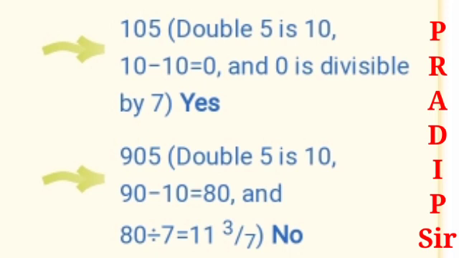Now the digit in the units place is 5, and double of 5 is 10. We have to subtract 10 from the rest of the number. That means if we leave 5, then the number is 10. So 10 minus 10 is 0. And as you know, 0 is divisible by any number. So 0 is divisible by 7 also. That means the number 105 is divisible by 7.